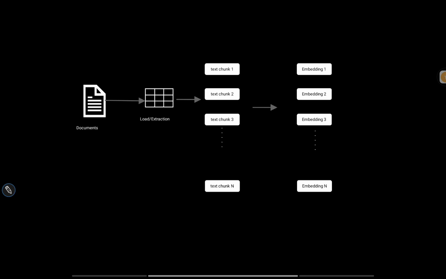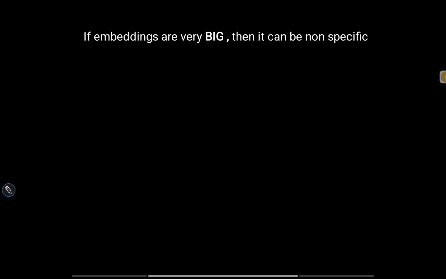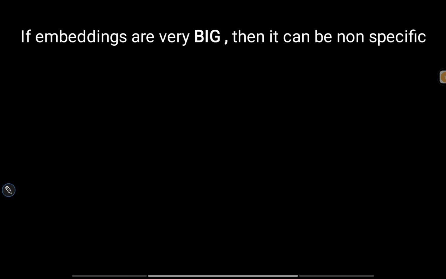So now let's discuss what this parent document retriever is and what problems we are trying to solve using it, right? As I mentioned, if your embeddings are very big, then they can be non-specific. It's a very large embedding which does not have a specific meaning attached to that particular text chunk, right?